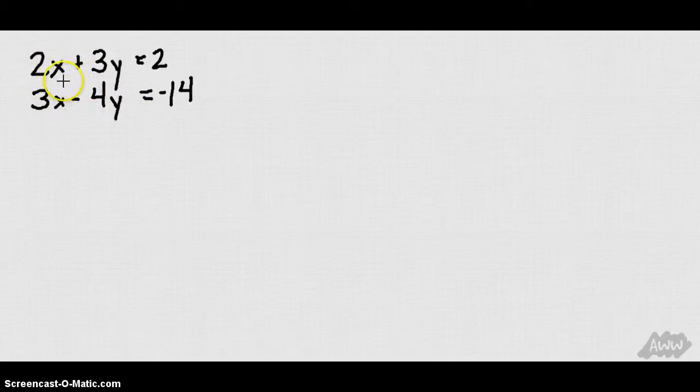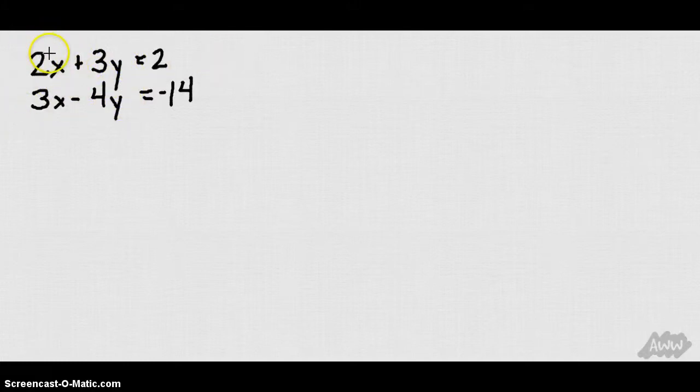My x's don't match up, my y's don't match up. It's not going to be very simple to eliminate either. What I can do is choose a variable and think of what the least common multiple between that variable's coefficients are.